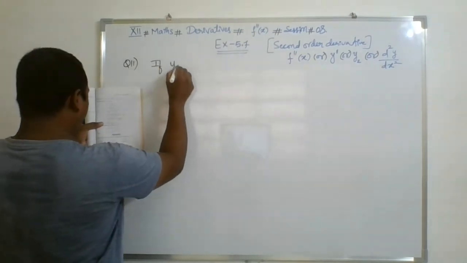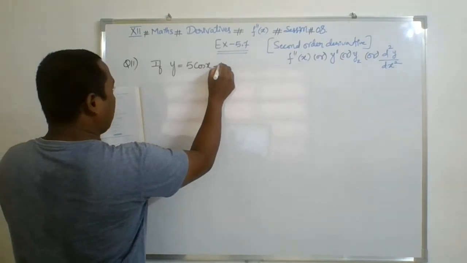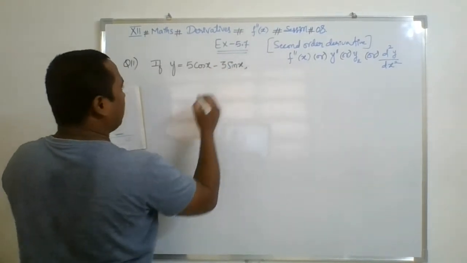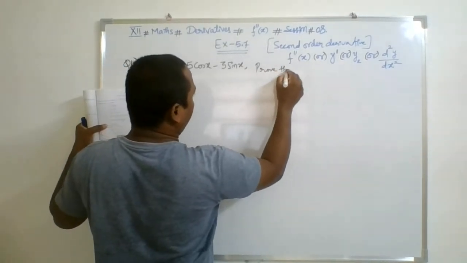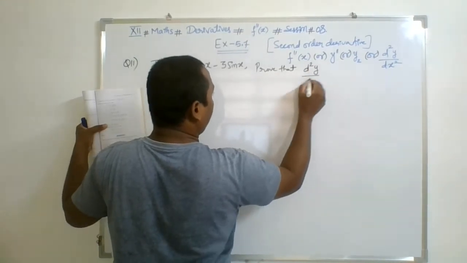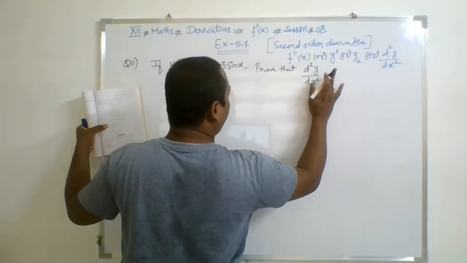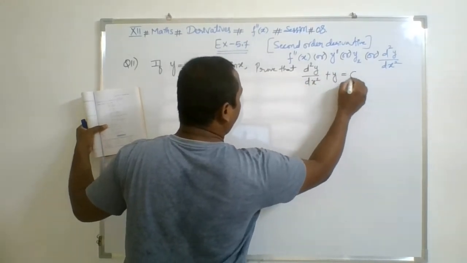If y equals 5 cos x minus 3 sin x, then prove that d square y by dx square plus y equals 0.